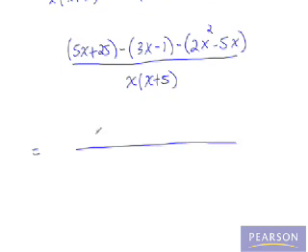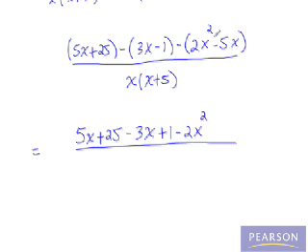So we'll write this all out as 5x plus 25 minus 3x plus 1 minus 2x squared plus 5x, all over our common denominator of x times x plus 5.